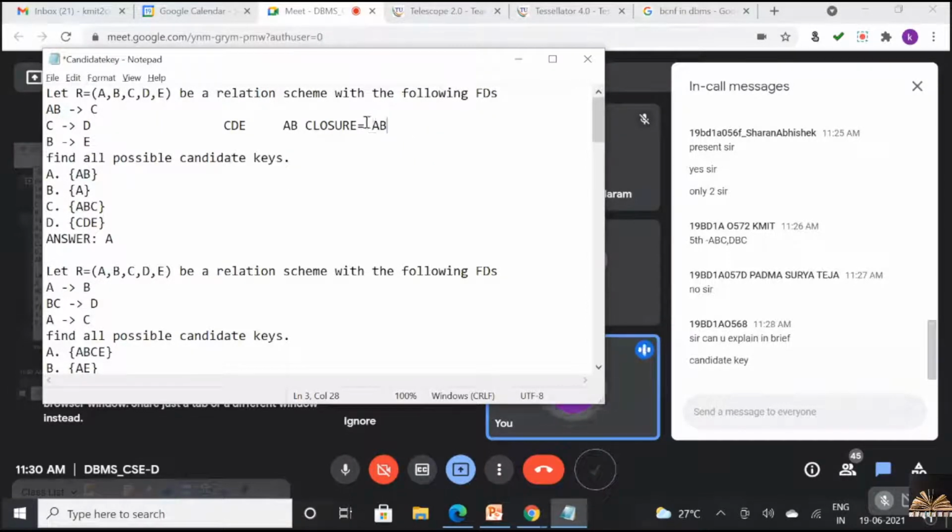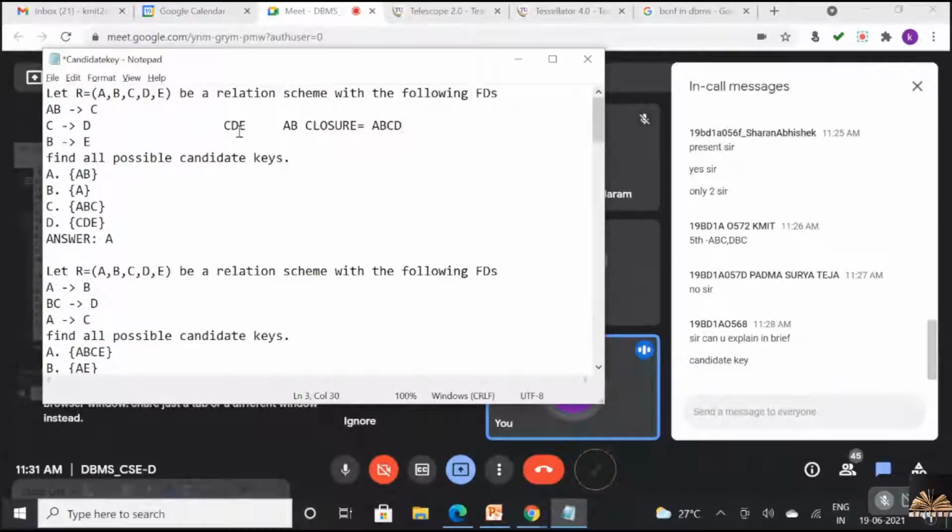AB implies C, so if I have the value of AB, I can get the value of C. Looking at the second functional dependency, once I have C, I can find D. So I can write D also in the AB closure.